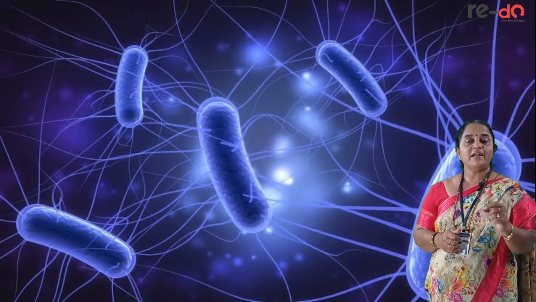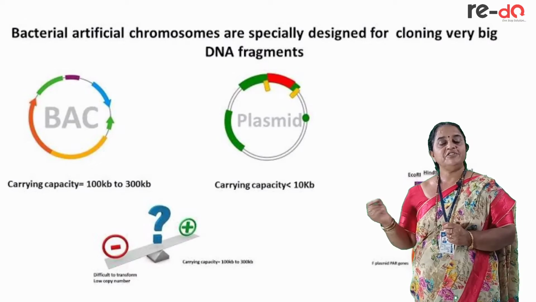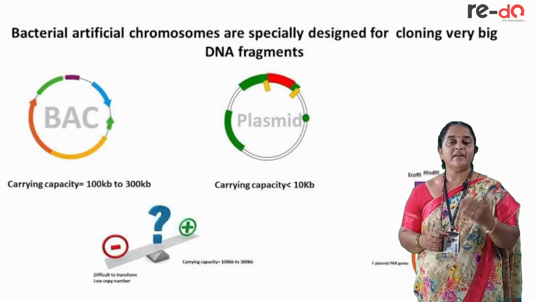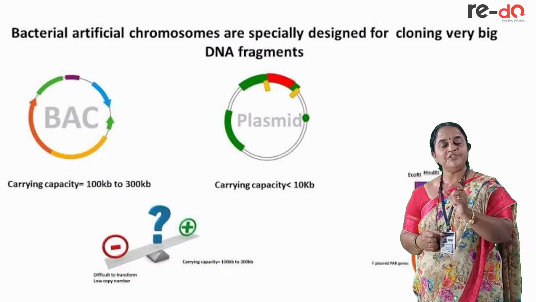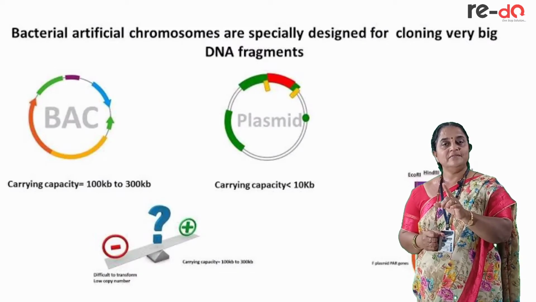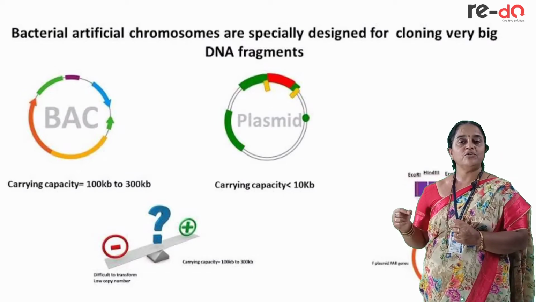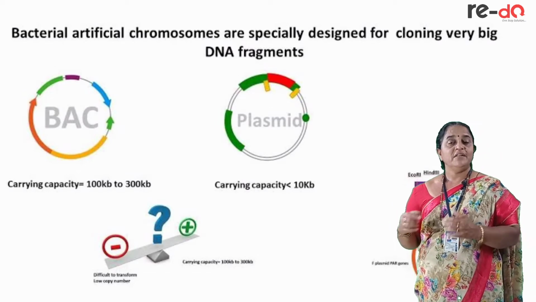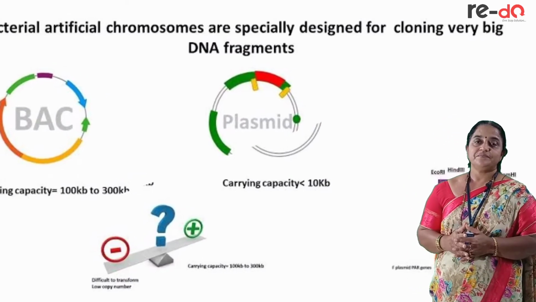It is known as a bacterial artificial chromosome or a yeast artificial chromosome, abbreviated as BAC or YAC. Bacterial artificial chromosome, BAC, and yeast artificial chromosome, YAC. Any one we can use as a gene taxi.